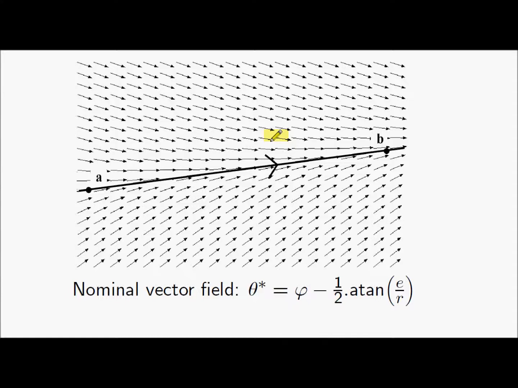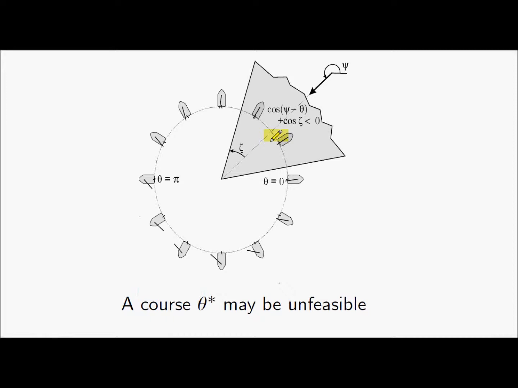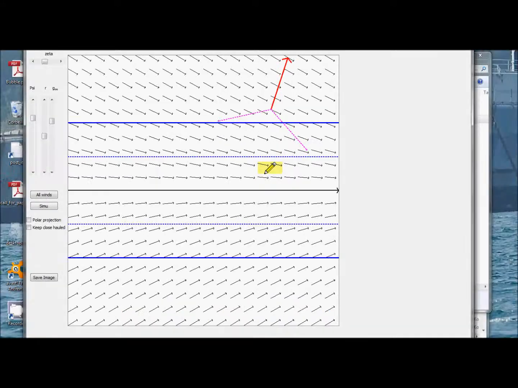This direction corresponds to an inequality which involves the angle of the wind, the heading of my boat, and also an angle delta, which tells me that I am not able with my boat to go against the wind with an angle lower than delta. If I satisfy this inequality, it means that theta is not feasible.